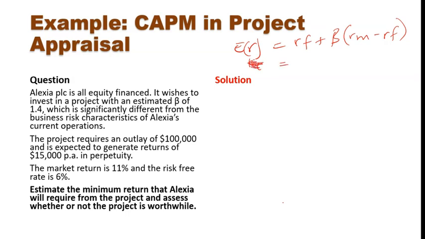In this case, our risk-free rate is 6%, so 6% plus the beta, which is 1.4, times the market return 11% minus 6%. So this should give us 13%.